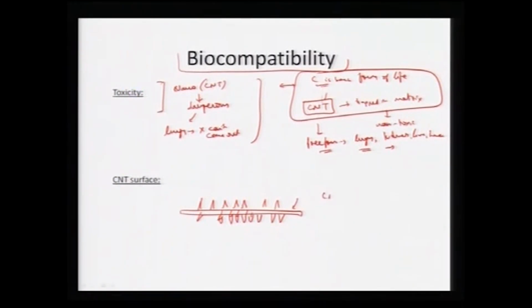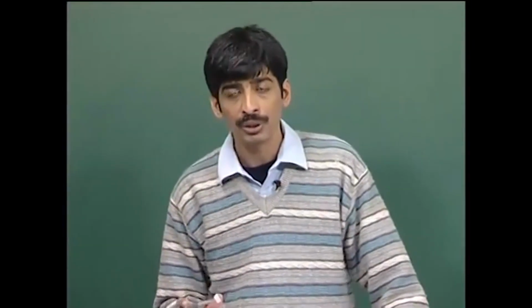So, the carbon nanotube surface can also act as a surface for precipitation of apatite crystals. Those are certain concerns associated with carbon nanotubes in terms of their toxicity or their assistance in precipitation of apatite. So, this has to be handled with extreme care when a biocomposite or biomaterial is being developed.